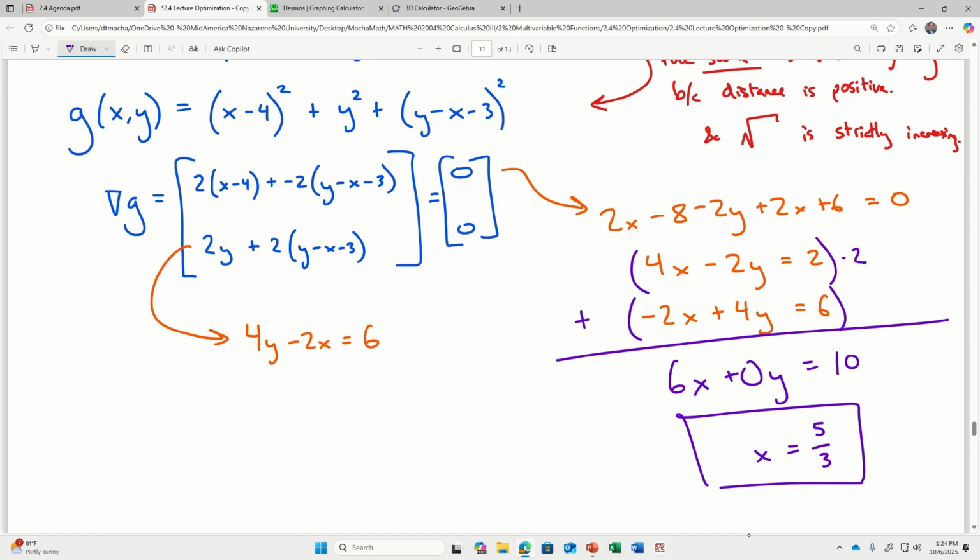take any old equation like this one, it's 12/3 y minus 10/3 is equal to 18/3. Add 10 to both sides.